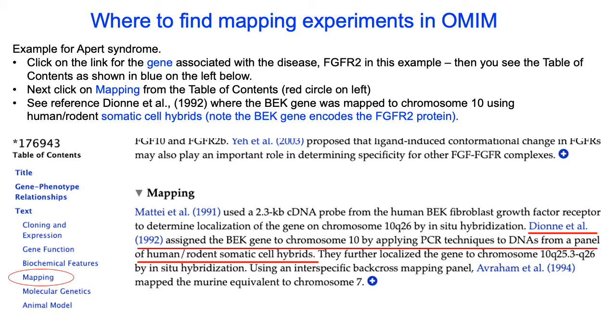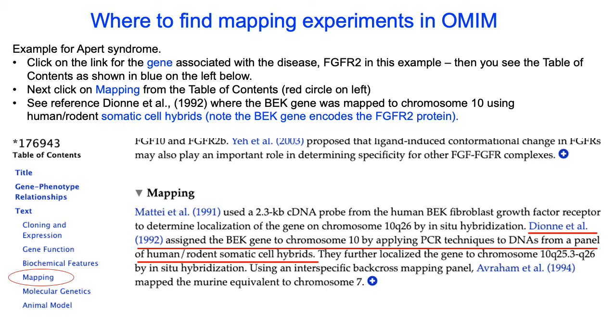Okay, so they didn't say it was somatic cell hybridization, but we see words that are very close to that. They're using somatic cell hybrids, and they mapped the gene to a particular chromosome. So you could find that paper and see their actual data, and you could actually explain that experiment as a key mapping experiment for this gene in this disease. So that was just one example.